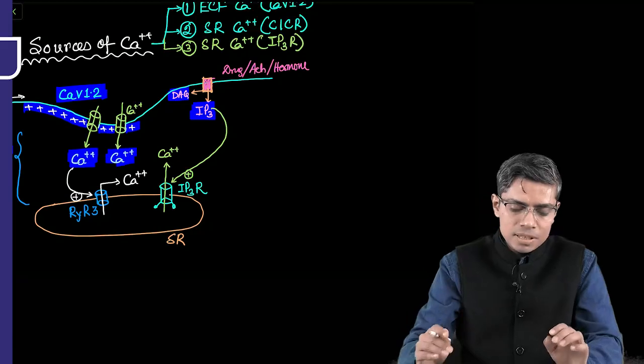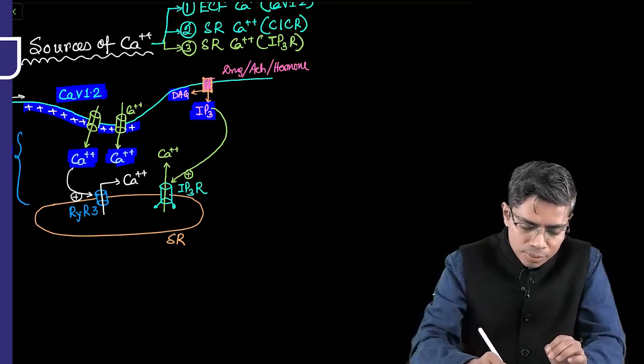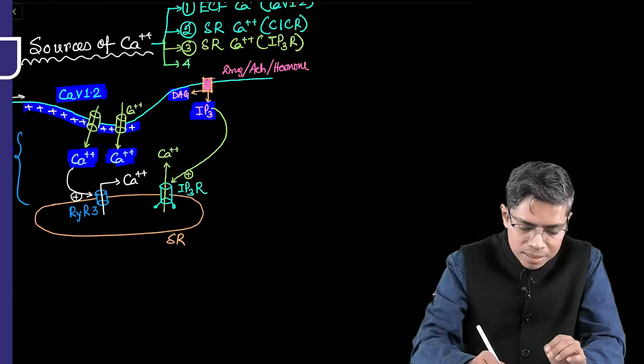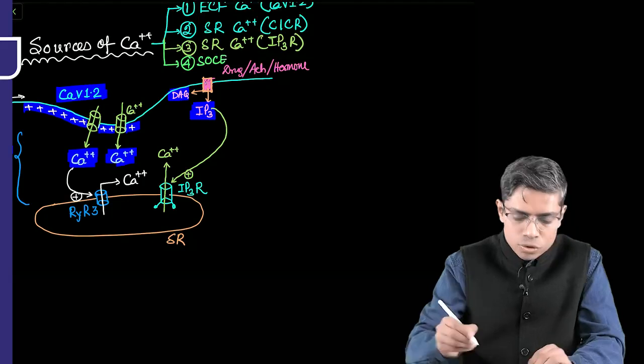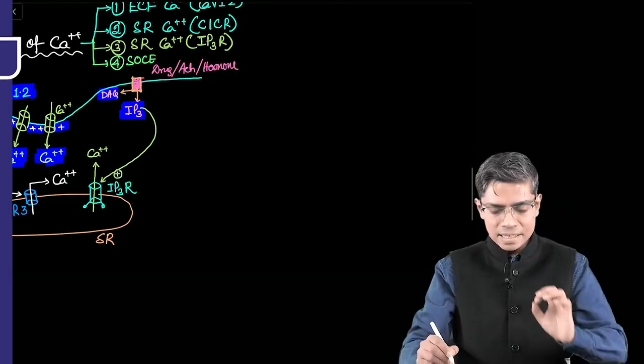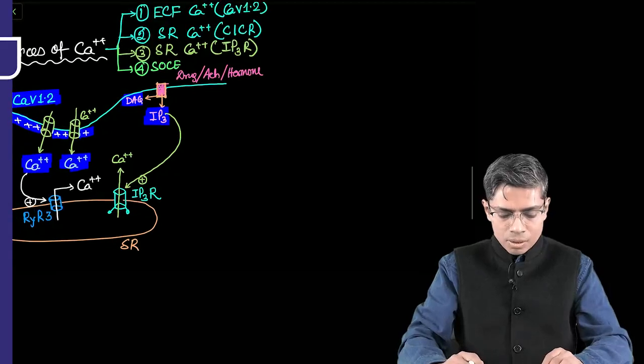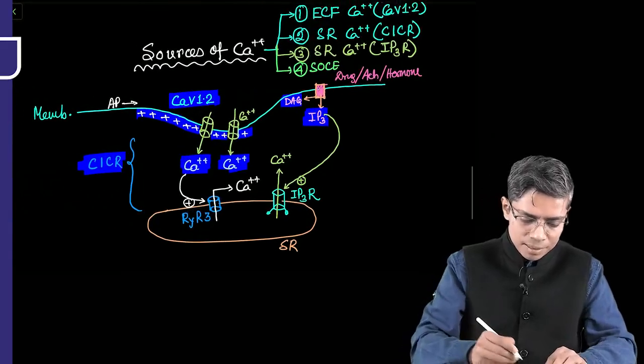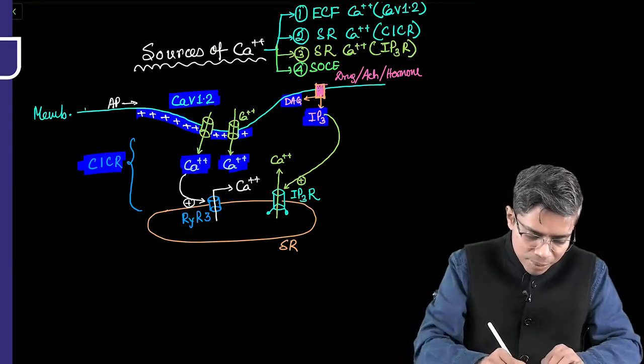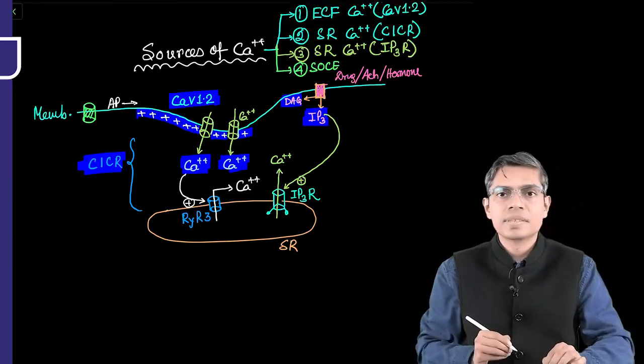Now, apart from all this, there is a fourth mechanism, known as SOCE, store operated calcium entry. Look at what I am saying. On the surface of this smooth muscle, there is a channel.